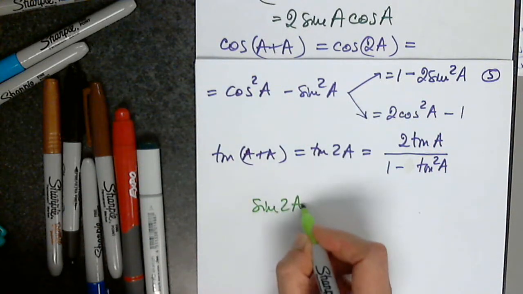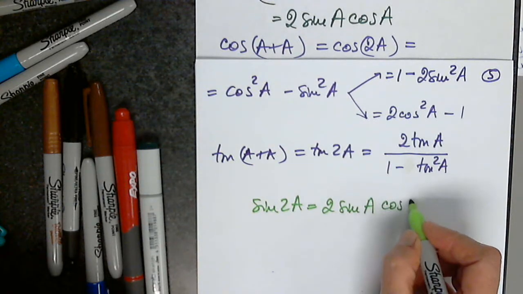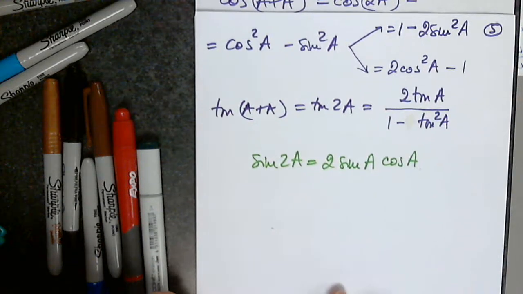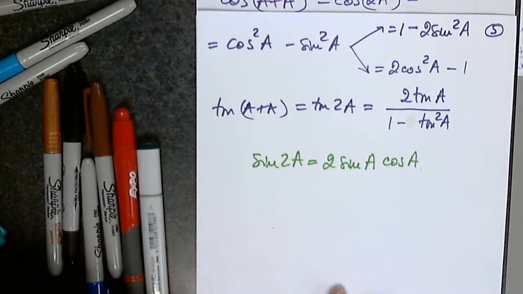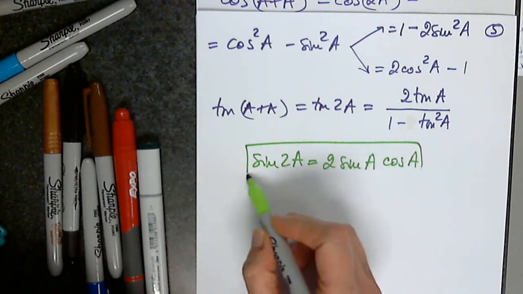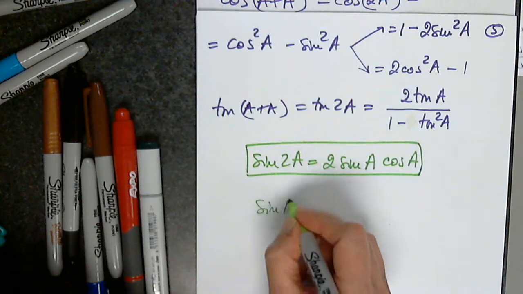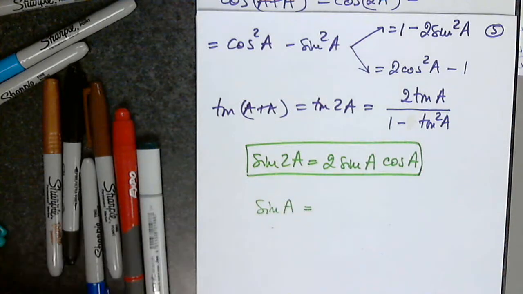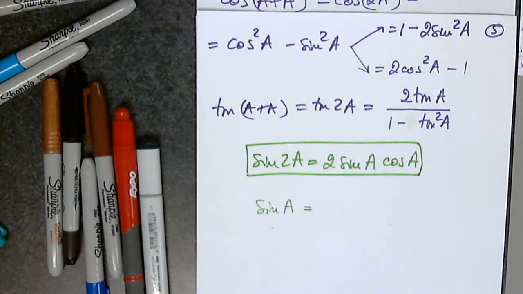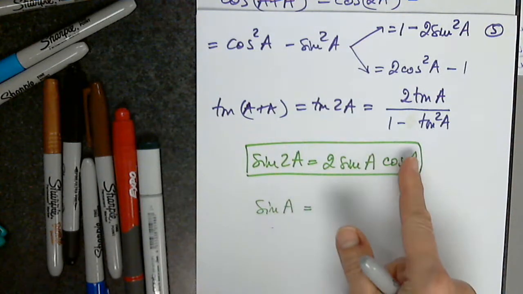Now we know that sine of twice the angle is 2 sine A cosine A. Now, what if I say I would like to use this formula for sine A? What will you write? Notice the pattern. Twice A, A, A.